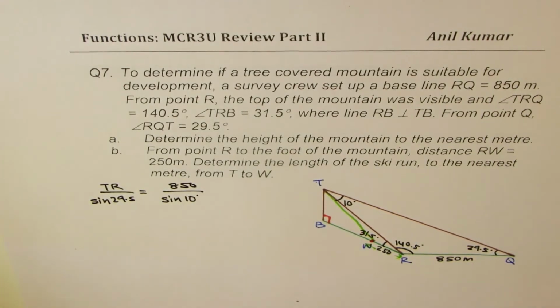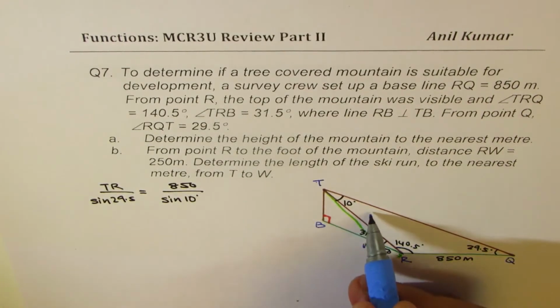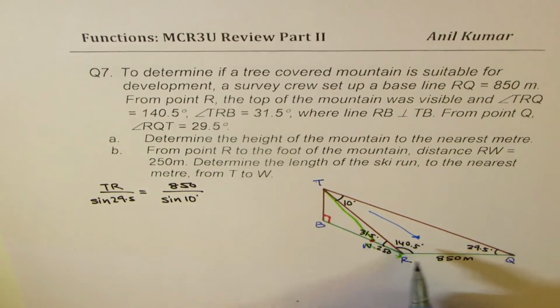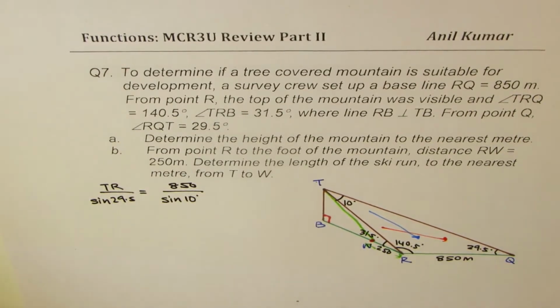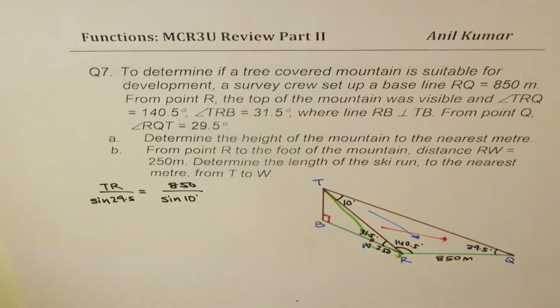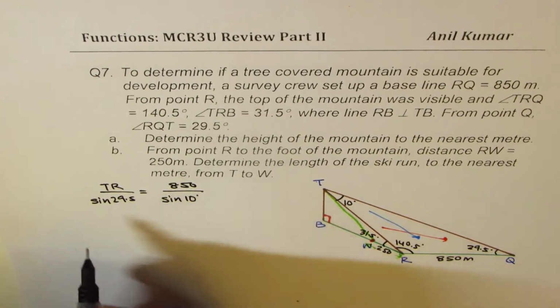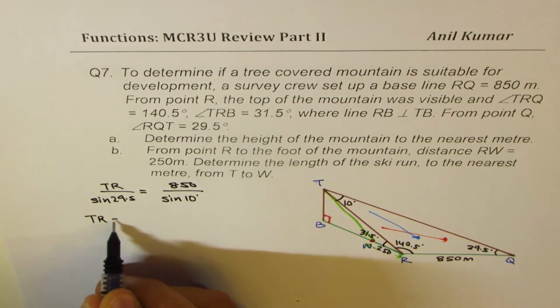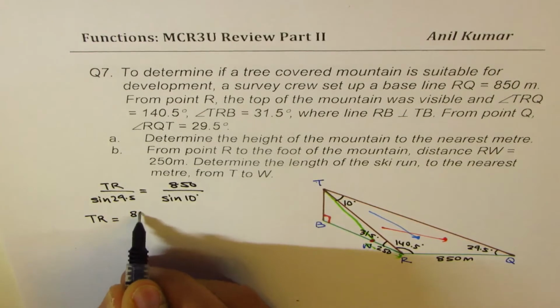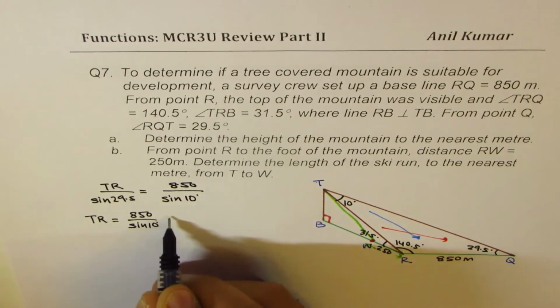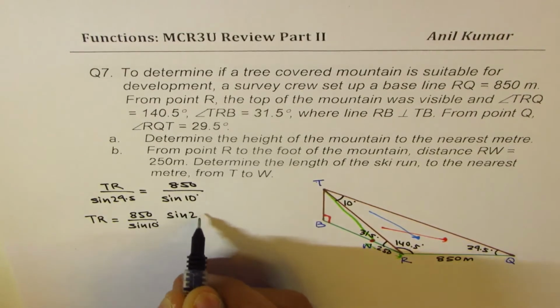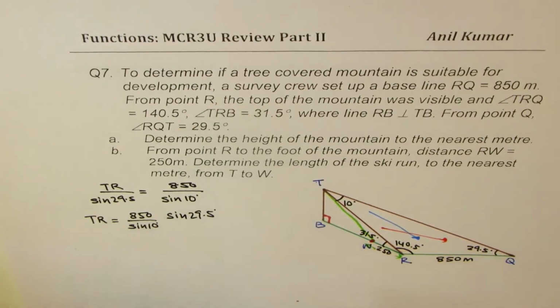I hope that is absolutely clear. This is opposite to that, and we are talking about this side, which is opposite to this, correct? So from here you can find TR. TR equals 850 over sine 10 degrees times sine of 29.5 degrees.